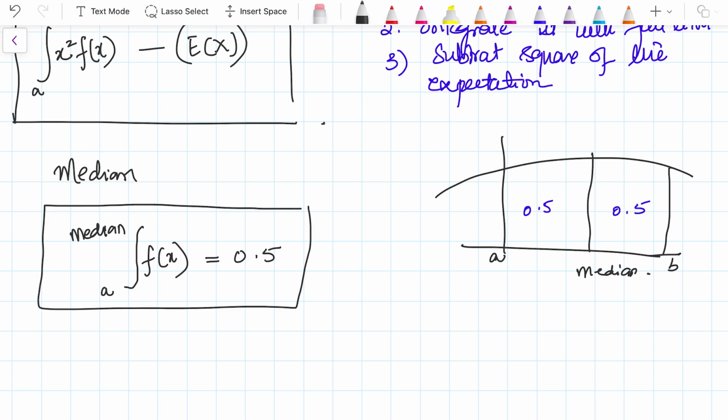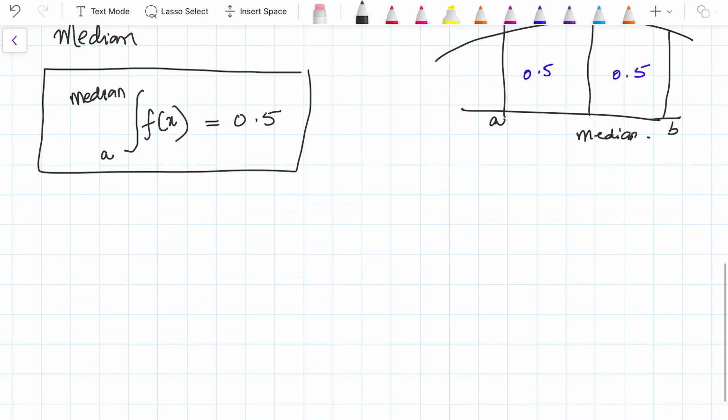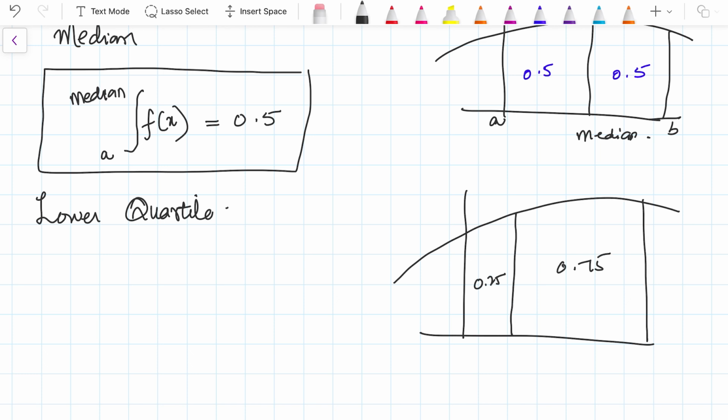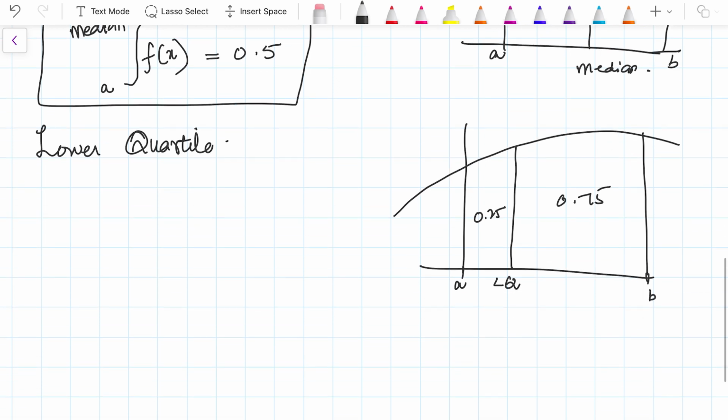Now, let's talk about lower quartile. Lower quartile is the first 25% of the data and the rest is 75% of the data. So if this is the lower quartile and this is my initial limit A and this is my final limit B, how do we find this out?